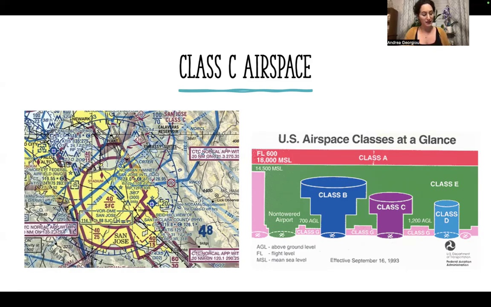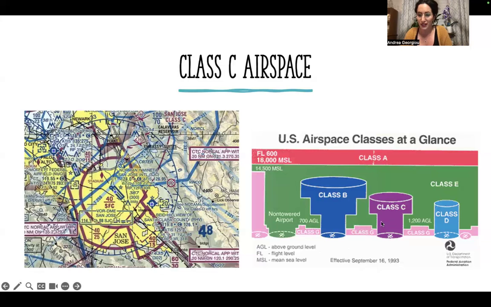If you look then down a little bit, it says that it usually consists of a 5 nautical mile radius core that extends from the surface up to 4,000 feet, and a 10 nautical mile radius shelf that extends no lower than 1,200 up to 4,000. So basically, here's your airport, right?